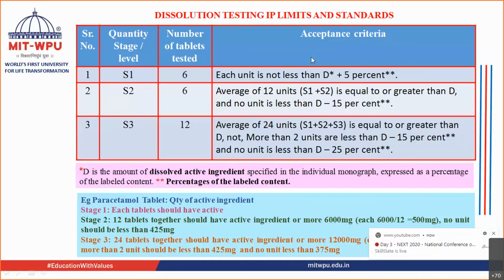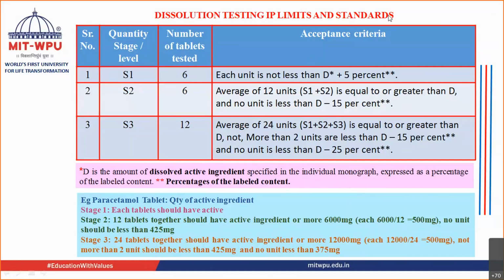Sir, I have a doubt. Yes, please. Sir, the number of tablets which have been taken, that is 6 tablets. Is each tablet taken in a different apparatus, or are all 6 tablets dissolved in the same apparatus? No, in different flasks.